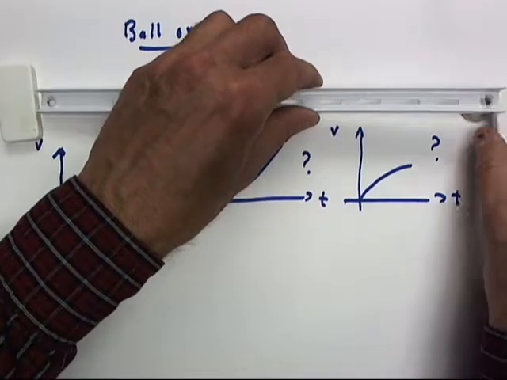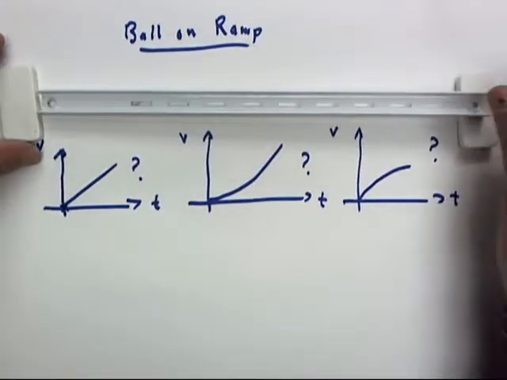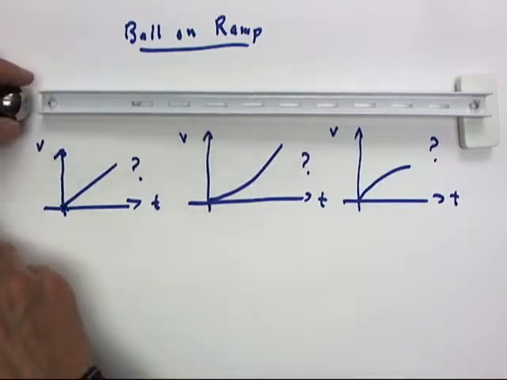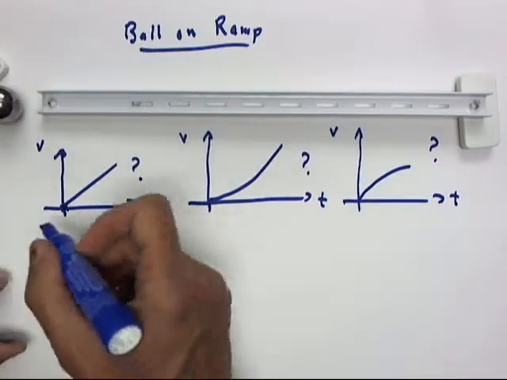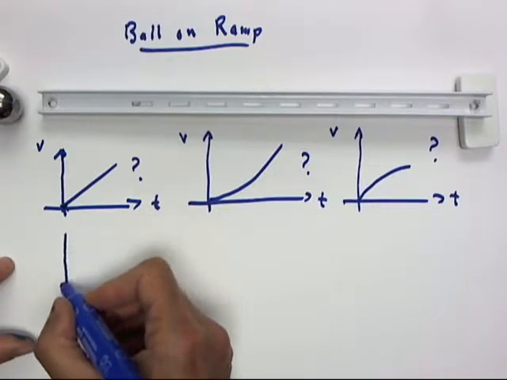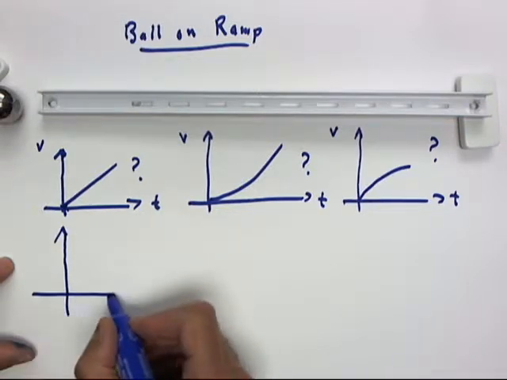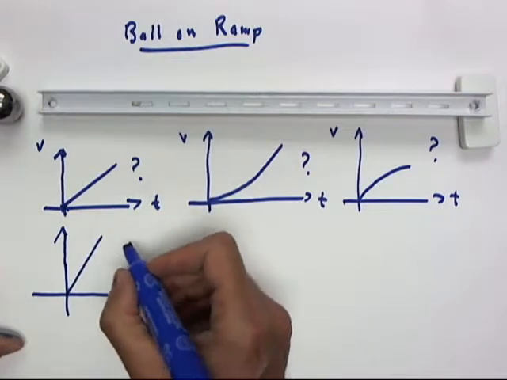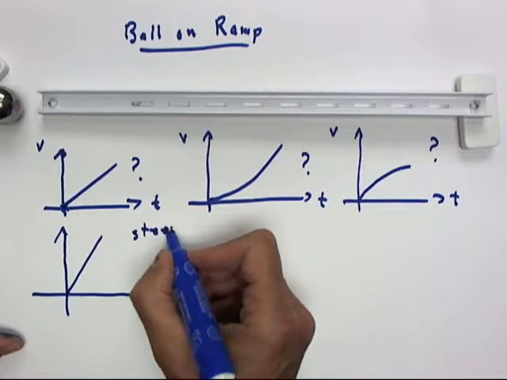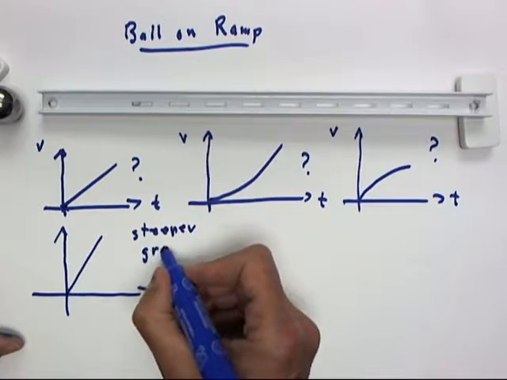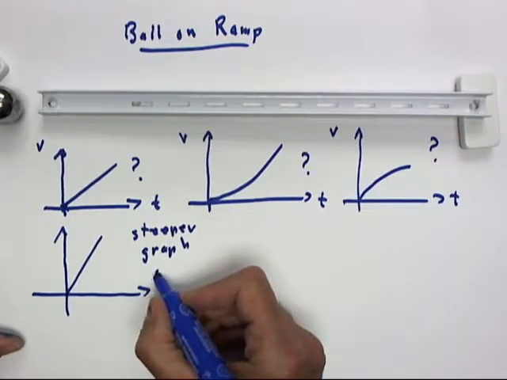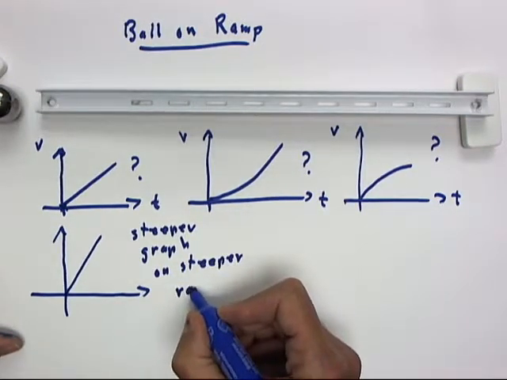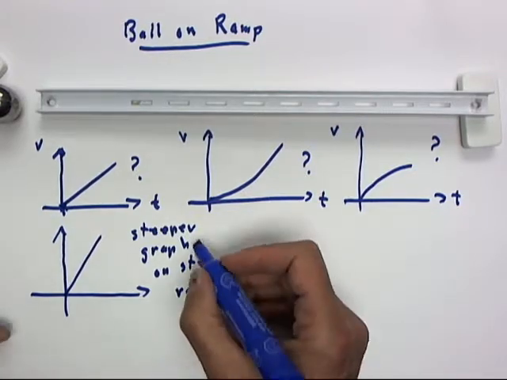If we increase the slope of the ramp, of course, we expect the velocity to increase more quickly, and if we assume that we have a straight line velocity versus time graph, then we expect the graph to be steeper if we have a steeper ramp.